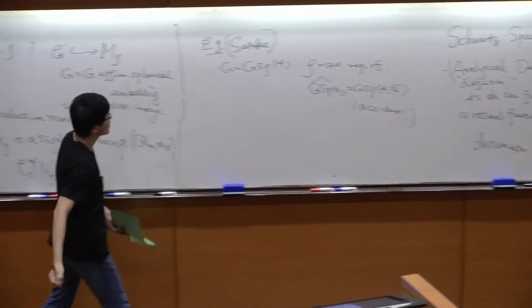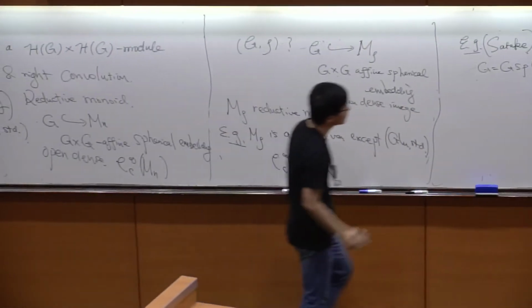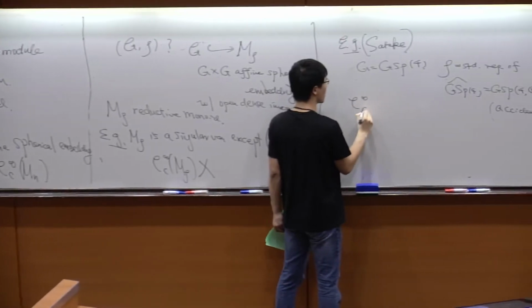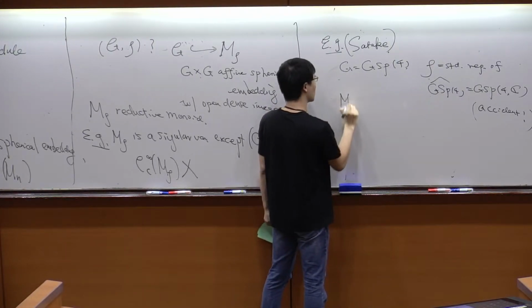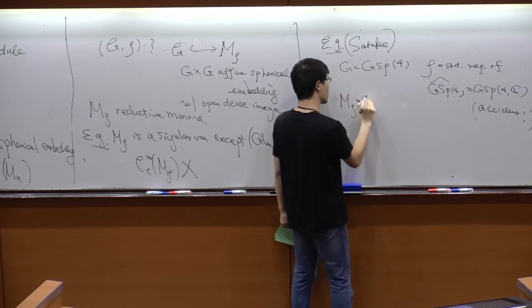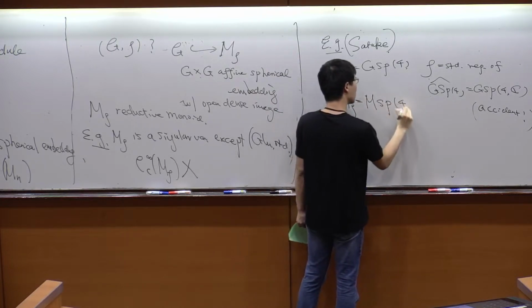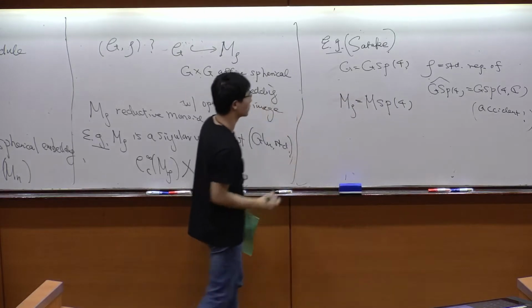Anyway, if you run the Braverman-Kazhdan-Ngo procedure, let me mention the reductive monoid in this case. Then the monoid in this case is MSp4. Yeah, this is a singular cone.